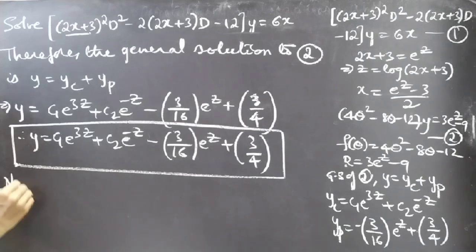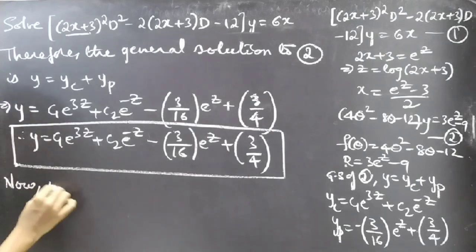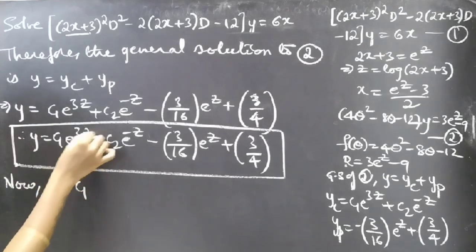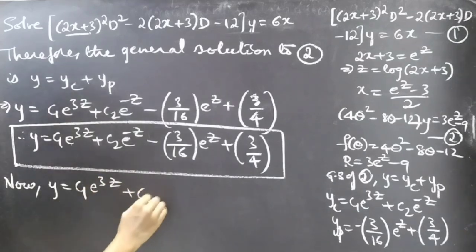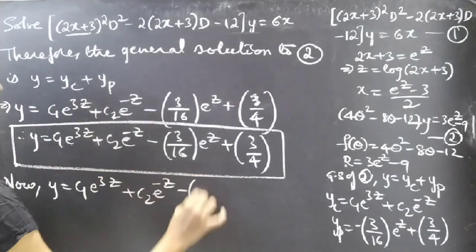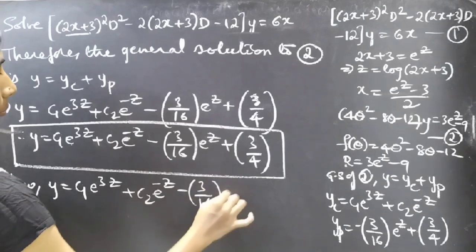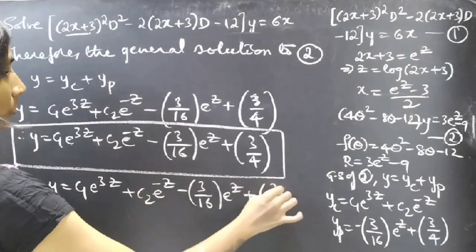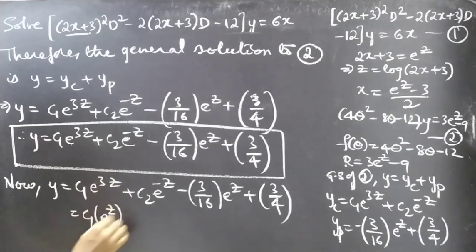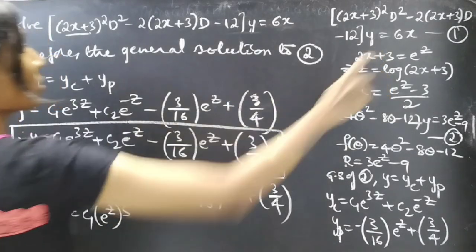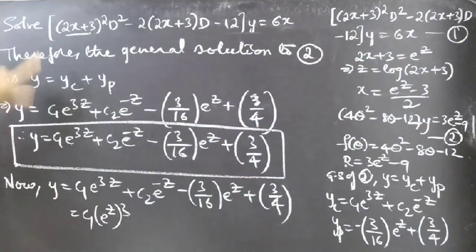Now we have y equals c1 e power 3z. I'll write it as it is. Now just write e power 3z as e power z whole cube, since we need to replace e power z by 2x plus 3 in order to find the general solution to the given equation.